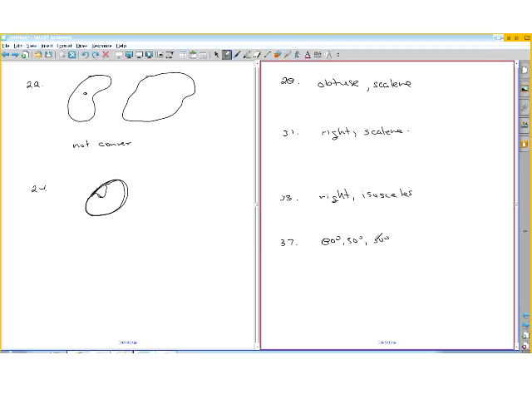So we have 80 degrees, 50 degrees, 50 degrees. None of these are greater than 90. When none of the angles are greater than 90, we call that an acute triangle. So it's an acute isosceles triangle.